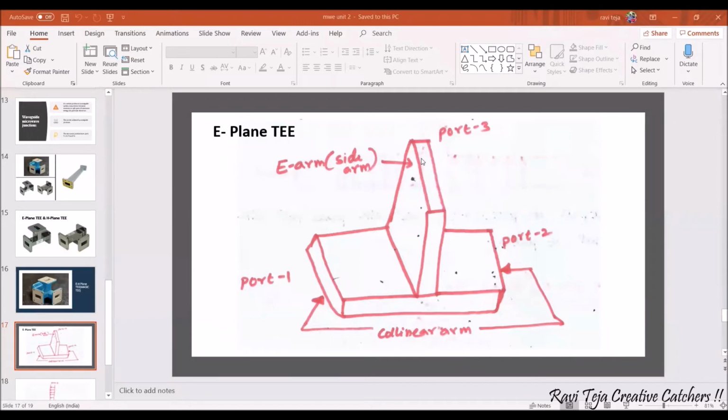So whenever we give a microwave signal like this, with respect to the electric field, remember, what is the expected output and from where? We are giving an input signal from port 3, which is considered as the E arm.